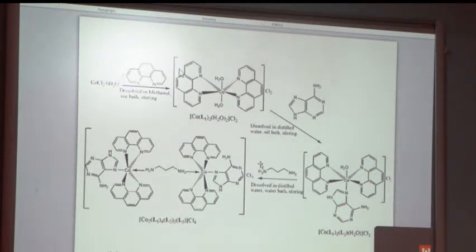Some other compounds are also designed, as I said earlier, by combining metals with different oxidation states, with different ligands of different composition, like this one. Here, for example, only 1,10-phenanthroline and water. When it is mixed with other ligands, still the biological activity is tuned in a manner we want, to develop or to generate the property we like.